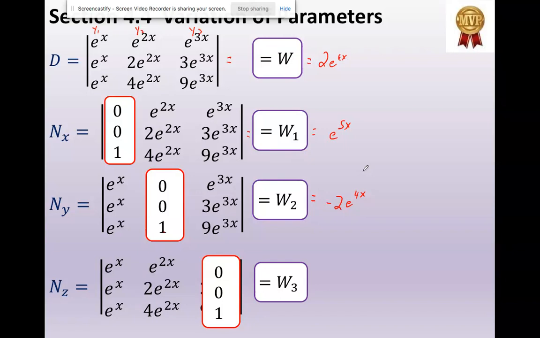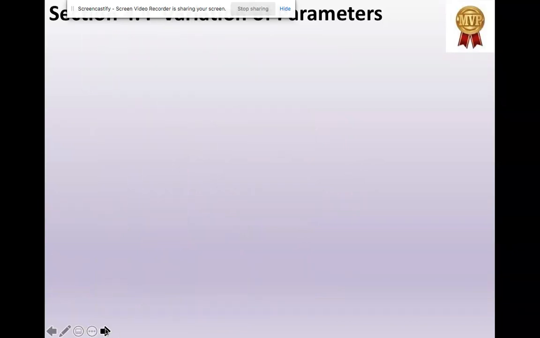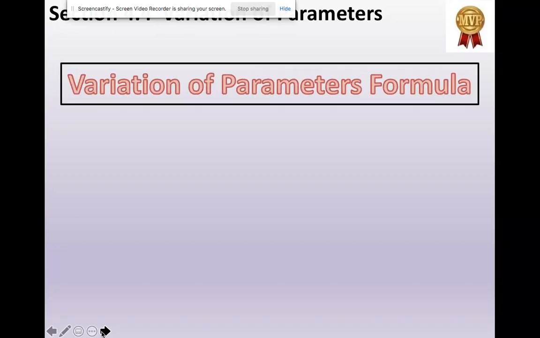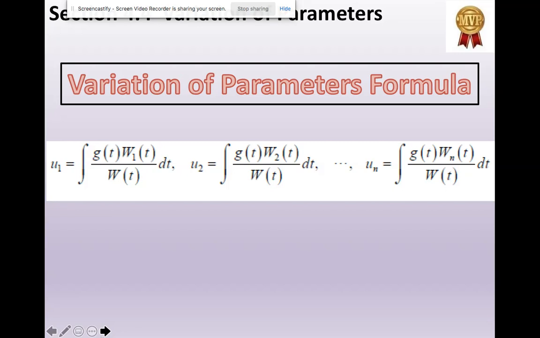Where's my last one? E to the 3x. Okay, so I need all 4 of those Wronskians to use in the variation of parameters formula for higher order.